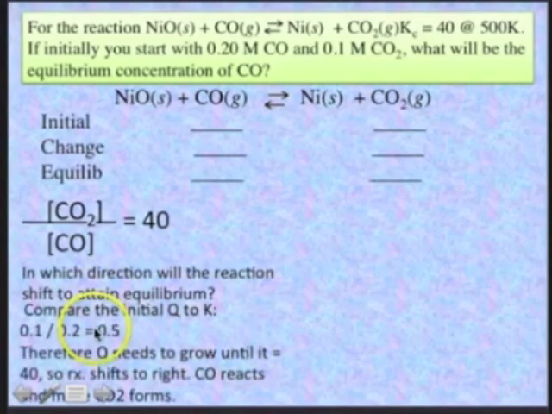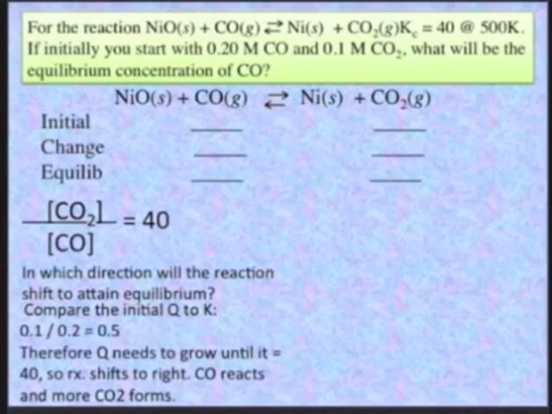So we have to compare Q to K, the initial value in the mass action equation, which is 0.1 for the carbon dioxide, 0.2 for the carbon monoxide. The ratio is 0.5. Therefore, Q needs to grow or increase until it equals 40. So if Q needs to get bigger, the reaction has to shift to the product side, toward the right.